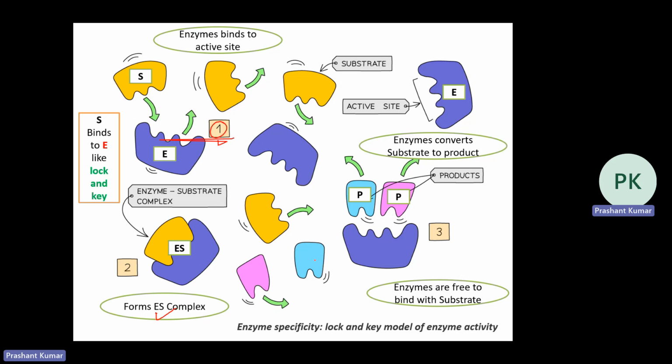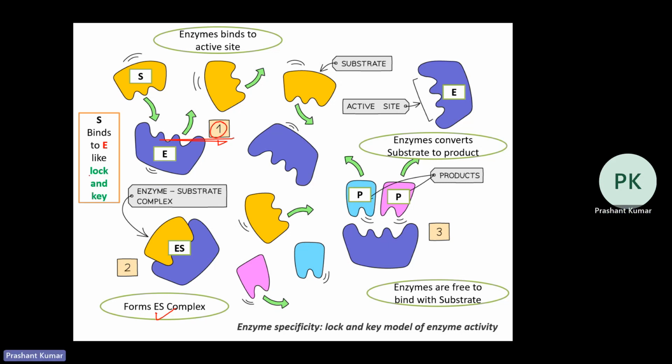And once the complex is formed, enzyme substrate reaction starts, product is formed, and then the enzyme is now free, so that it can act on another substrate. And in this way, the reaction will keep on going.